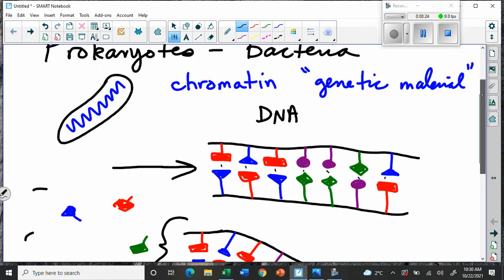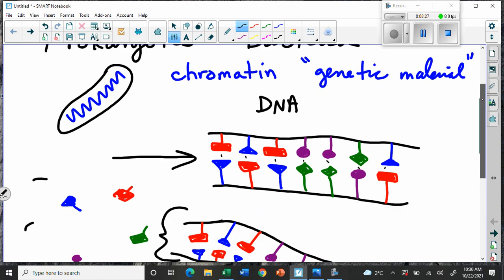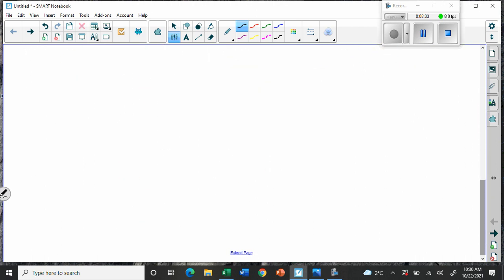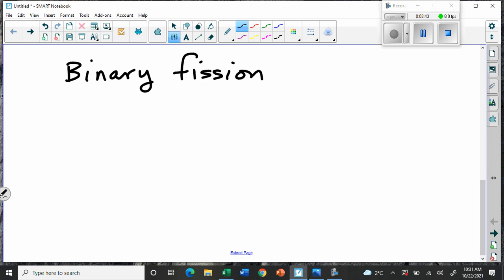So now the genes can copy, and then once you copy the genes, the chromatin, then all you have to do is basically split apart. So for the bacteria, the process is actually very simple. The process is called binary fission. Binary means two, and fission means to split. So this simply means to split in two.